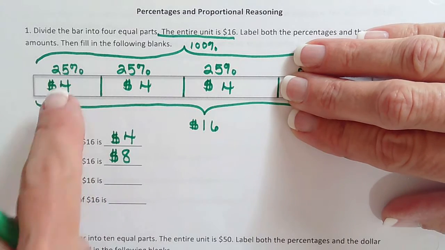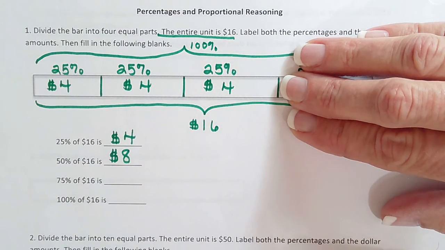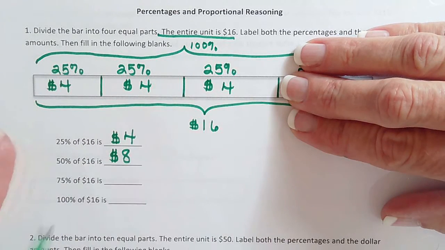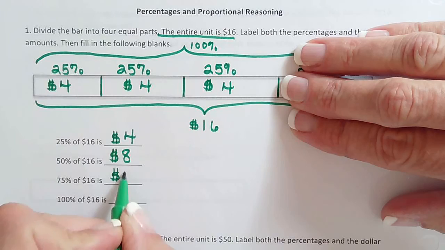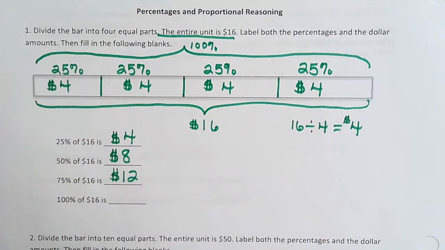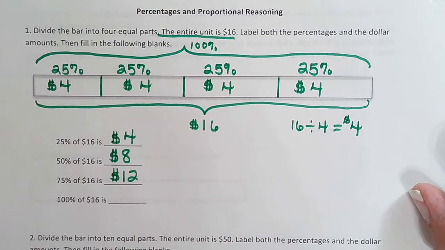So this says 75%. So 25 plus 25 plus 25 is 75. So how much money is that? 4, 8, $12. Because usually what students would do is they go 0.25 times 16 and they do this big long multiplication problem, 0.50 times 16. But now you can get all the answers just from looking at the picture. Pretty cool beans, I think.